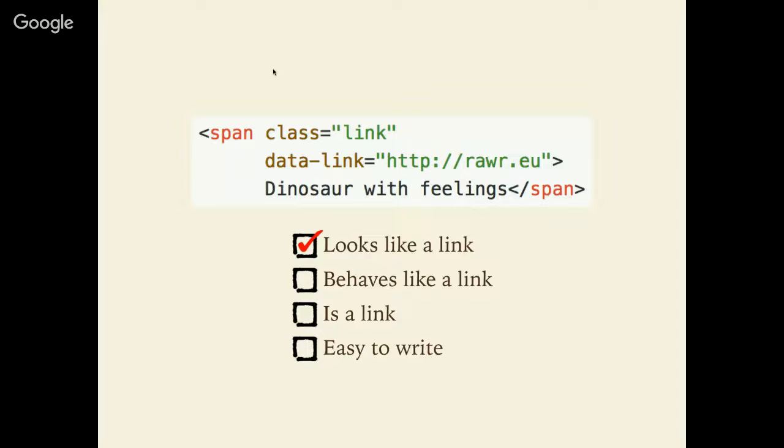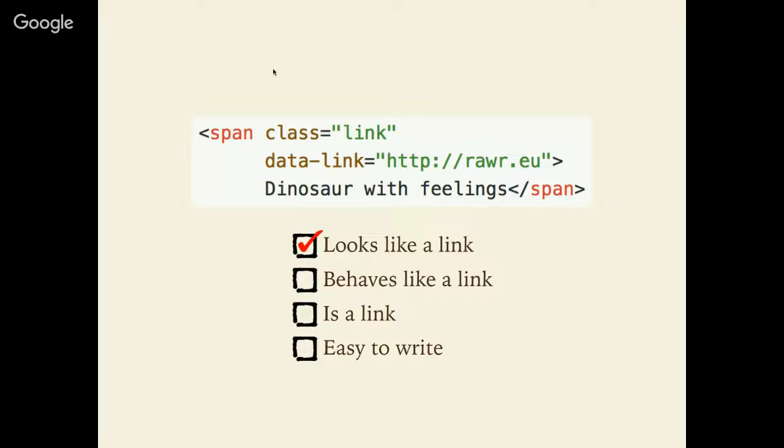The span contains the text "dinosaur with feelings," the same as the anchor element in the previous slide. Then we have the checklist, which only has "looks like a link" checked, because it still looks like a link since we added the class link to it. But it most certainly doesn't behave like a link unless we include a bunch of JavaScript.